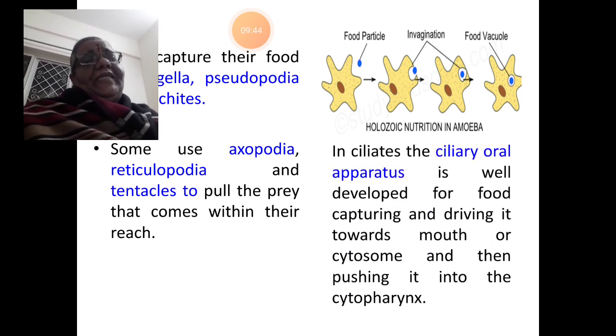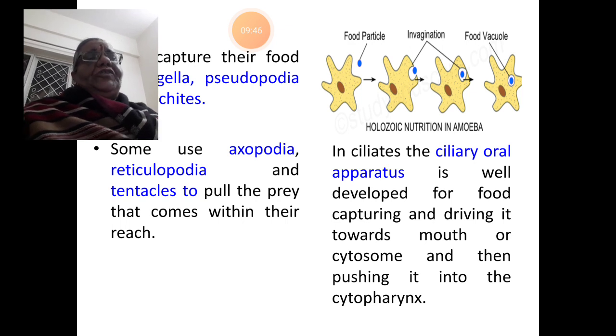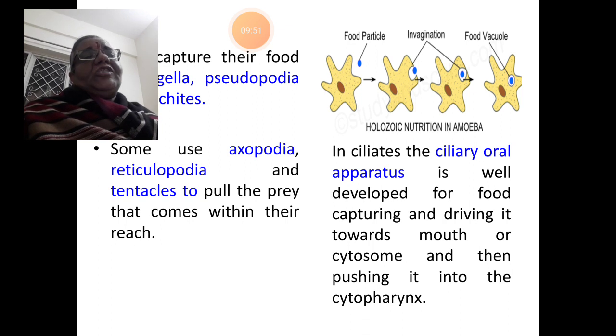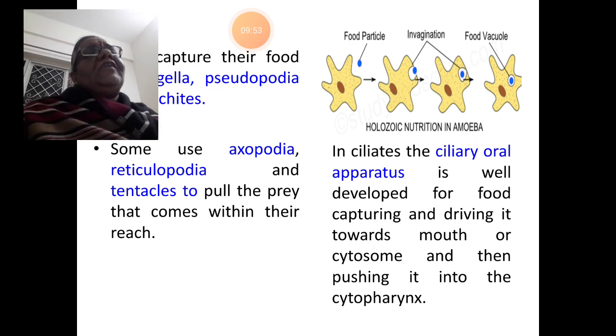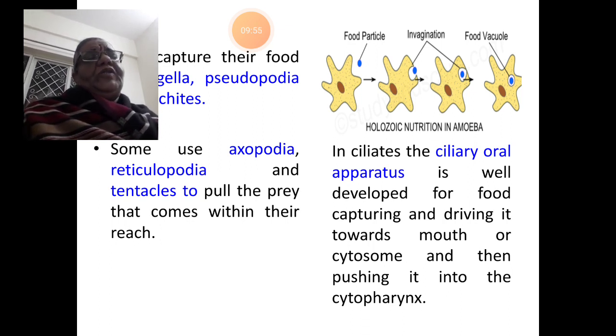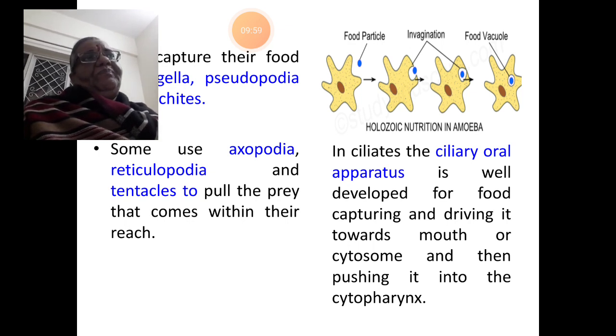Okay, then in case of ciliates, the situation is different. The ciliary oral apparatus is very well developed for food capturing and driving it towards the mouth. The mouth here is the cytosome. Cyto means cell, soma means body, so the mouth of the cell is known as cytosome.